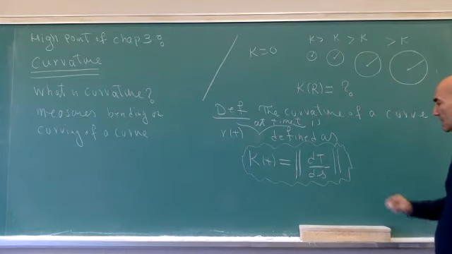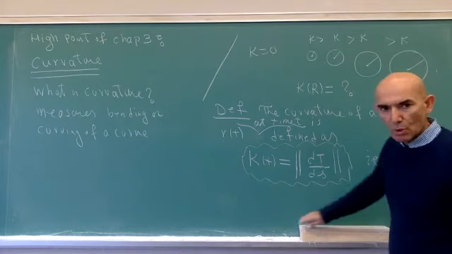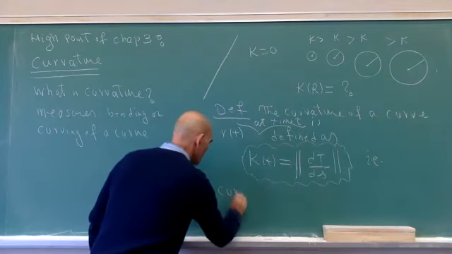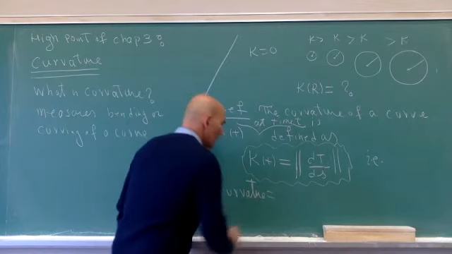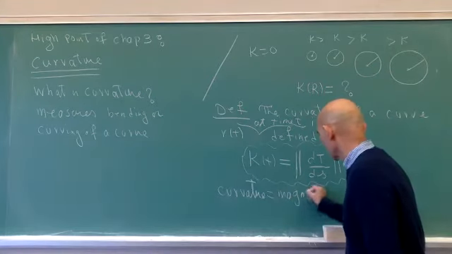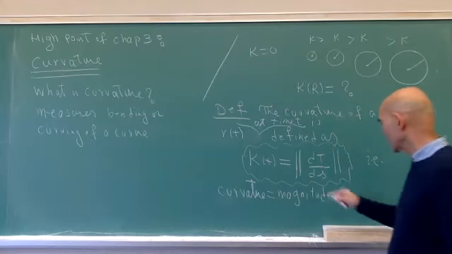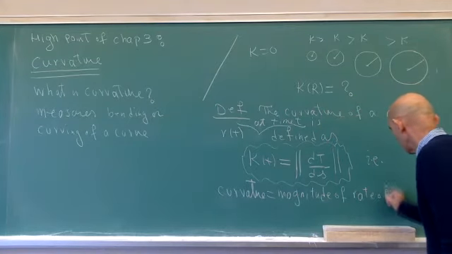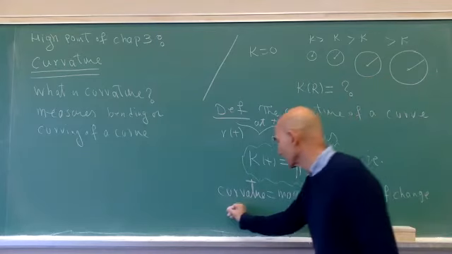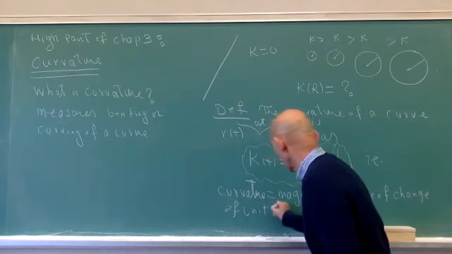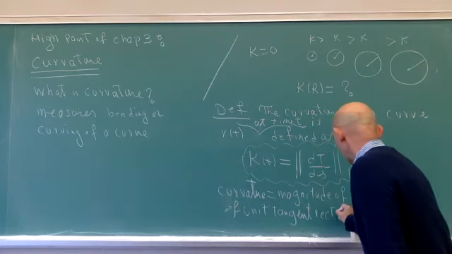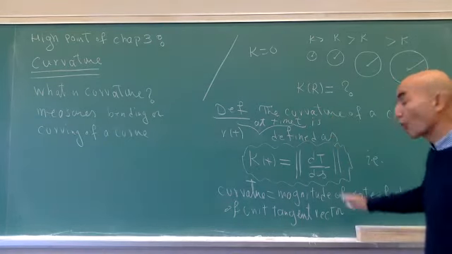So let's see what it says. Curvature is equal to the magnitude of the rate of change of this unit tangent vector with respect to arc length, which is s.